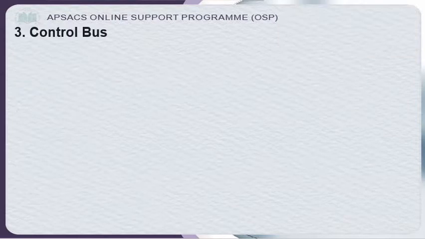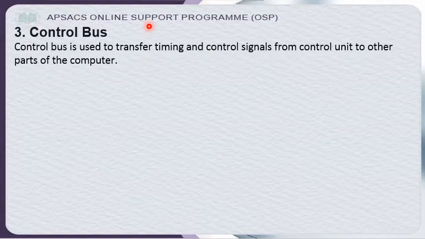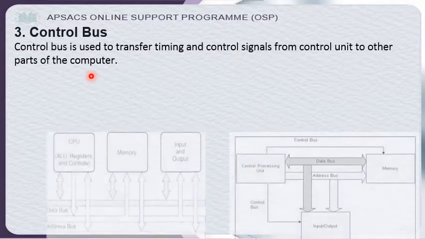The third type of bus is the control bus. What is the control bus used for? It is used to transfer timing and control signals from the control unit to the other parts of the computer.